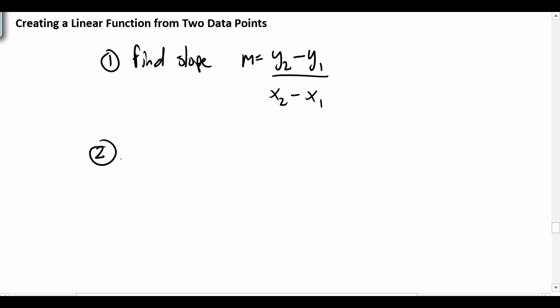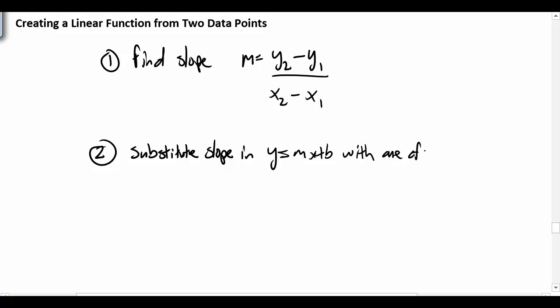Step 2, substitute the slope into y equals mx plus b with one of our points, and use that to solve for b, the y-intercept.